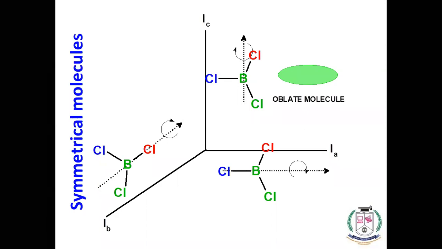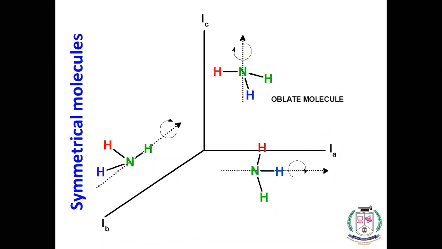You see that boron is in the middle. If you send an axis through boron alone and rotate, what happens? All chlorines create oblate geometry. That's why it is an oblate molecule. Even ammonia comes under the same category, oblate symmetrical top molecule. In ammonia, in the z direction the moment of inertia is decreasing, in x and y it is increasing.